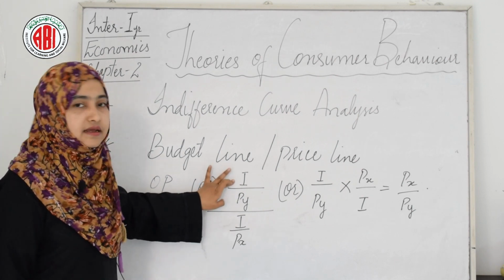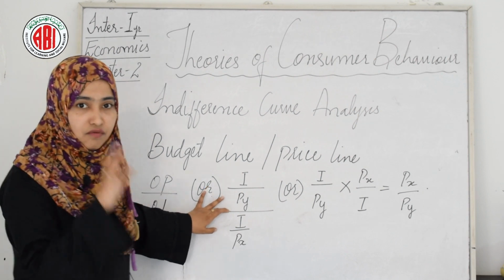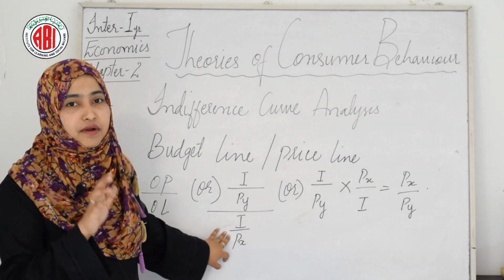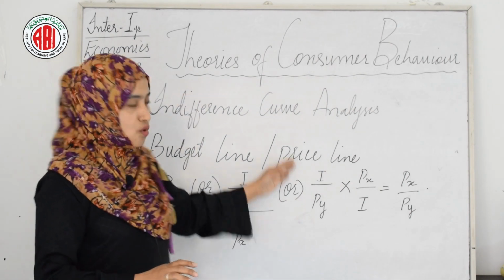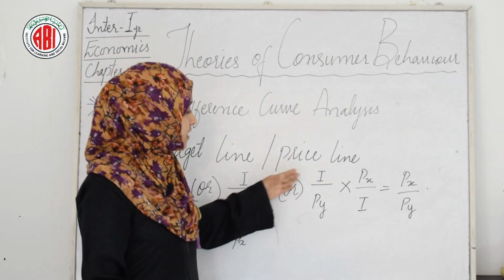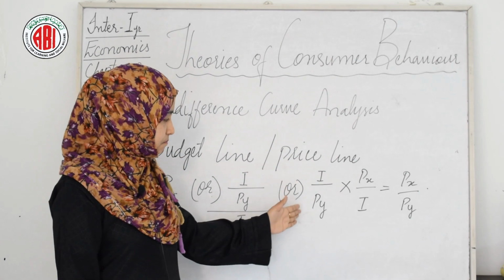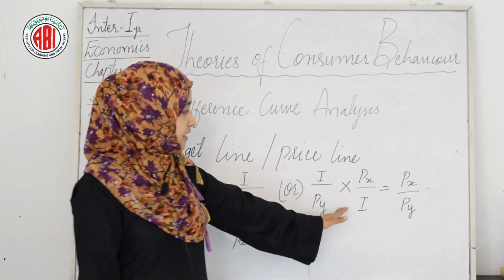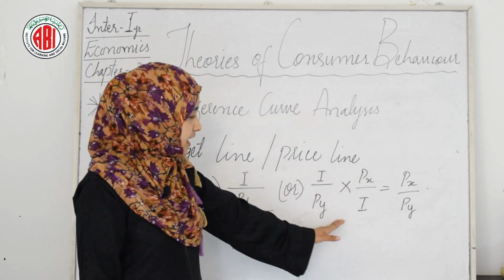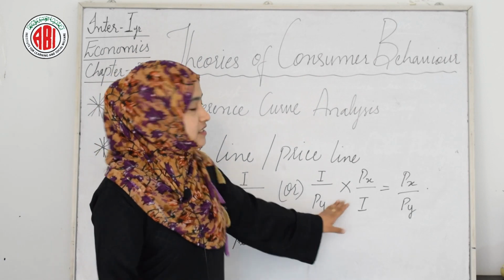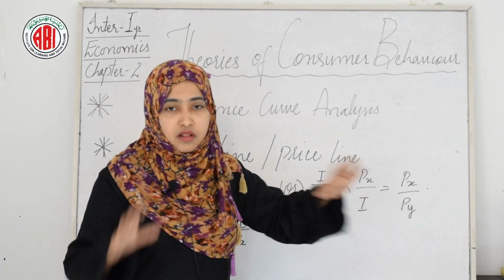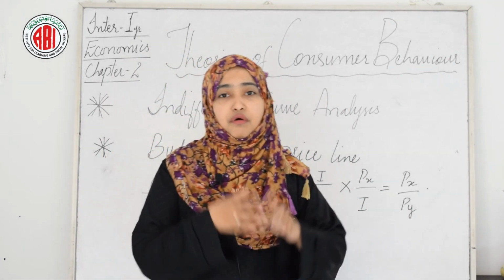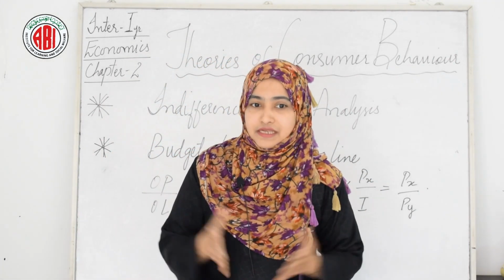Here I is income, Py means the price of good Y and Px means the price of good X. Otherwise it can be written as I/Py multiplied by Px/I, which is at last equal to Px/Py. All these are the derivations of the price line or budget line.